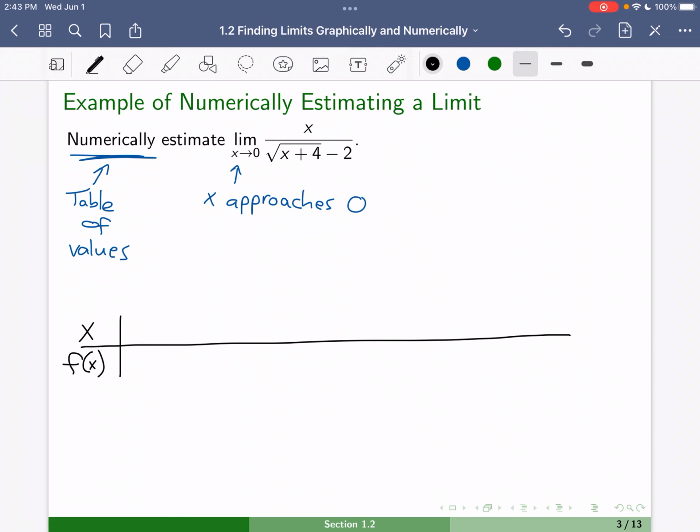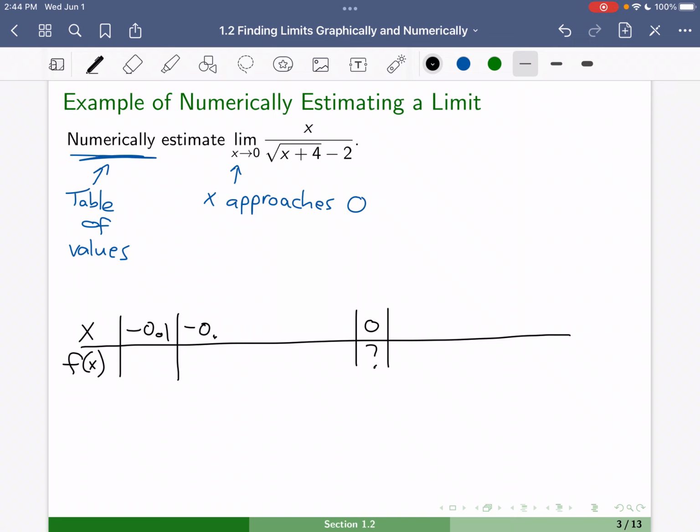We will pick values that are smaller than 0. Right? If we were to throw 0 in itself, we would get a 0 in that denominator, and that would be bad news. So let's see what happens when we have a value that is like 0.1 to the left of 0. And then we will get a little bit closer.